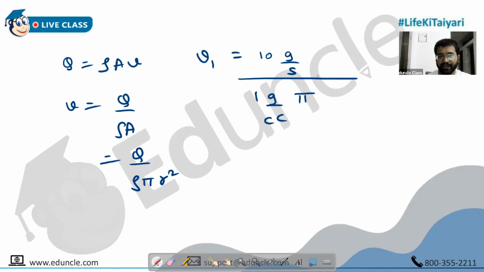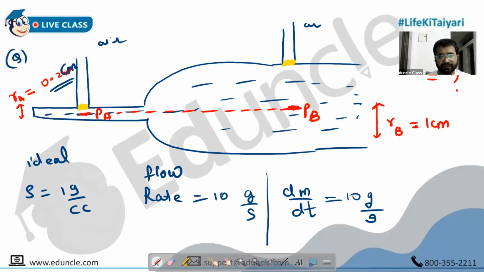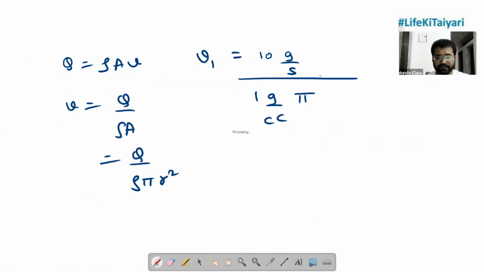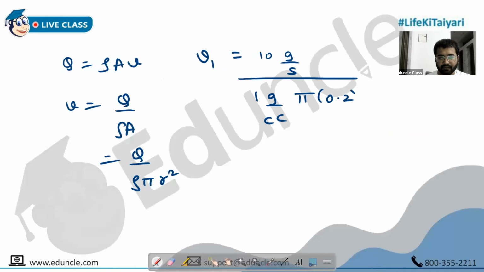Pi into r square. What is the radius of the first compartment? The radius of the first compartment is 0.2. I hope you are with me. Ask me if not. Remember, everything is in CGS right now. In the exam, there are two options: either you solve everything in SI or you solve everything in CGS.